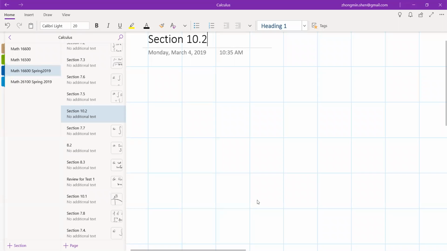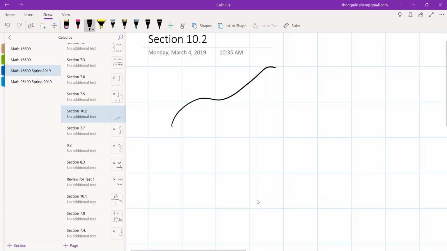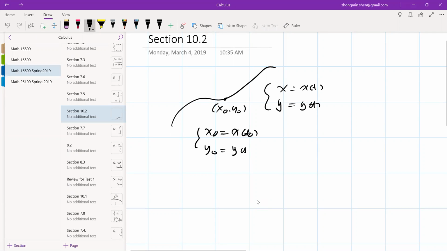Okay, we are given a curve in the plane, given by parametric equations x = x(t), y = y(t). Suppose at that point, which I'm going to denote (x0, y0), which is determined by the time t0, how can I find the tangent line?